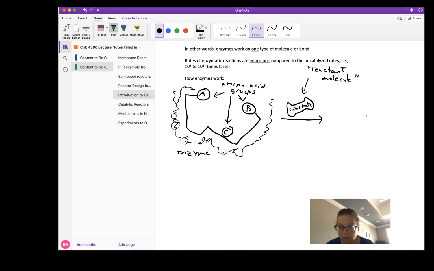So let's see if I can draw this here. This is supposed to be approximately the same drawing. I'm very bad at drawing. And so the amino acid groups then interact with that.